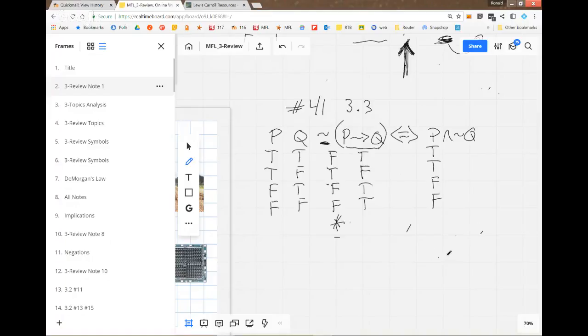And not Q is the opposite of the Q column: false, true, false, true. And now, right here, I need to AND those. And then that's true. And so that goes in that column, and that's the other starred column.